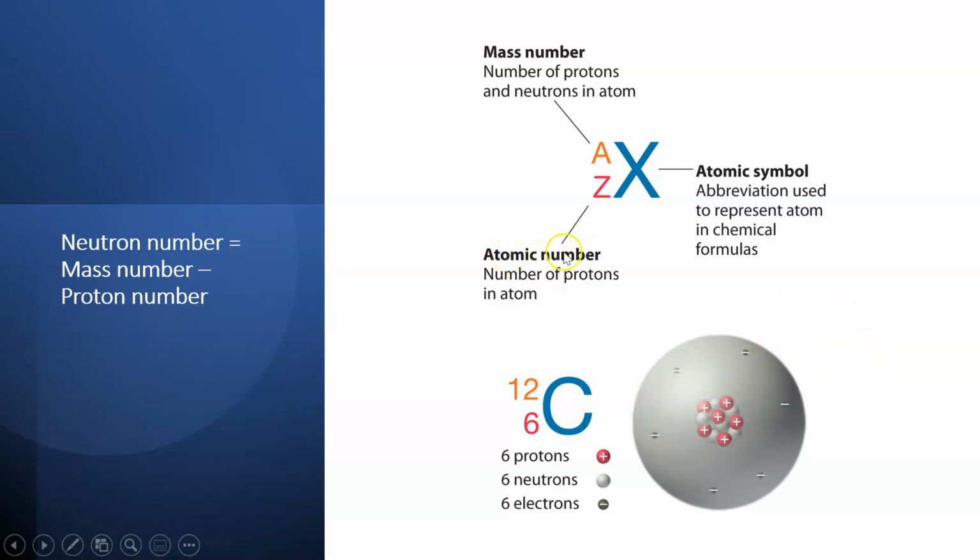And then we have the atomic number, which is the number of protons, okay, and our periodic table is arranged by our atomic number. So here we've got carbon, we know the mass number of carbon is 12, and our atomic number is 6, which must mean carbon has 6 protons because it's the atomic number, and must have 6 neutrons as well because our atomic number plus the number of neutrons will equal our mass number.